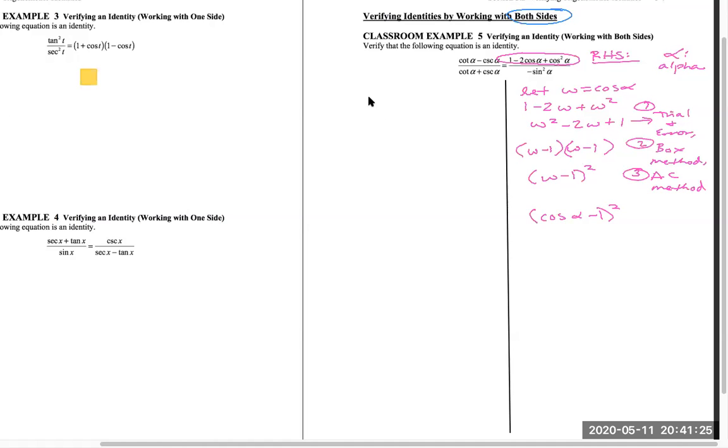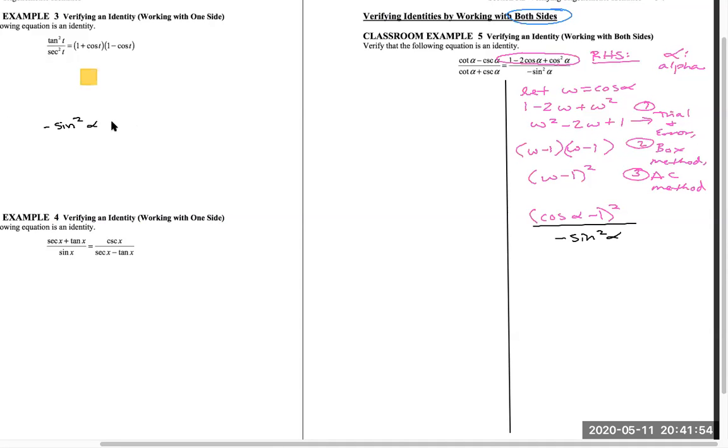That's still divided by negative sine squared alpha. So then we'll tackle the negative sine squared alpha off to the side here. There's a few ways you can do it. You can do it with algebraic manipulation.